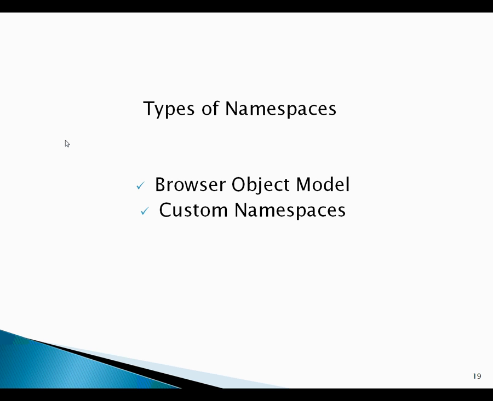This covers objects like the window object, screen objects or navigator objects. All these which are with respect to the browser come under the browser object model, and namespaces that are defined by us come under the custom namespaces.